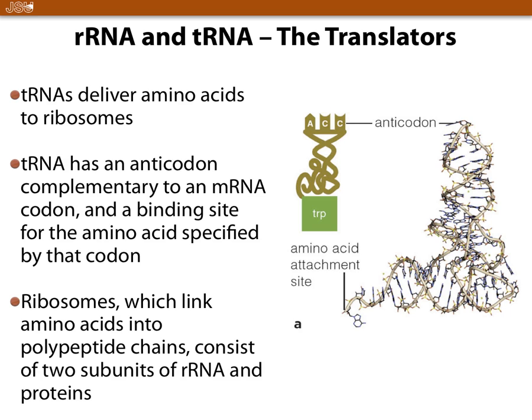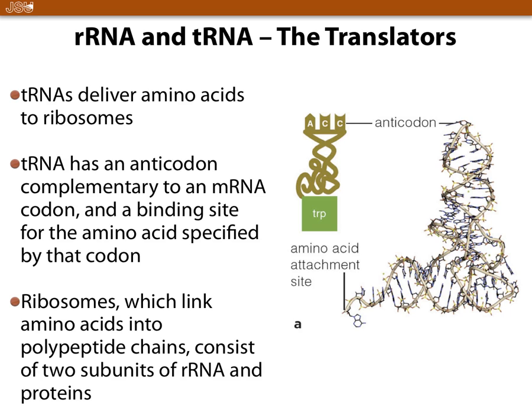So tRNA is a molecule, and one part of the molecule there will be a specific amino acid. Also on the molecule is what we call an anticodon. Anticodon matches to the codon on the RNA.